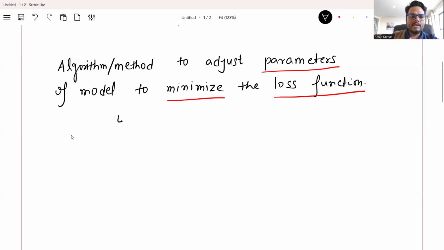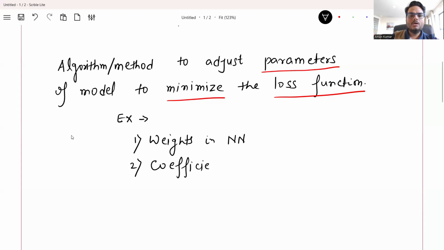An example of parameters of a model could be weights in a neural network, or an example could be coefficients in linear regression.